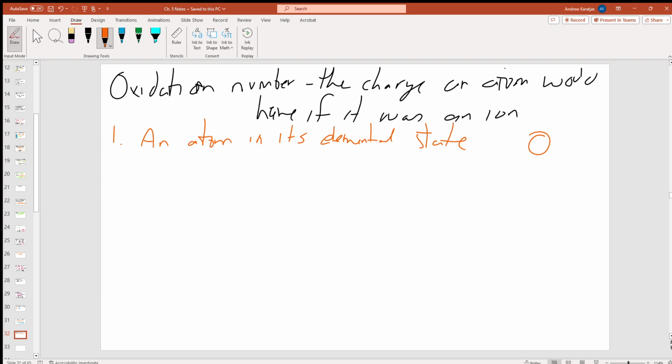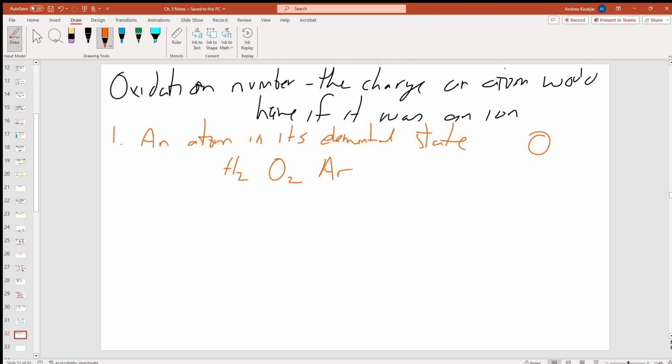Depends on what the element is. That could be something like hydrogen or oxygen. Those would be H2 or O2. For a noble gas like argon, it would just be a single atom of argon, and various other things for different elements. But if the element is in its elemental state, it has an oxidation number of 0.